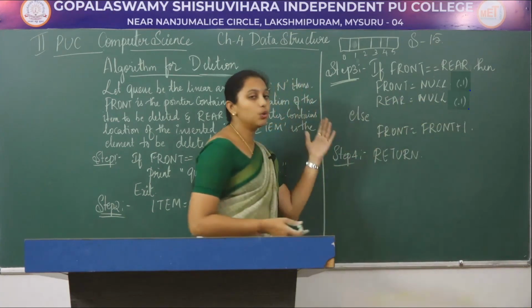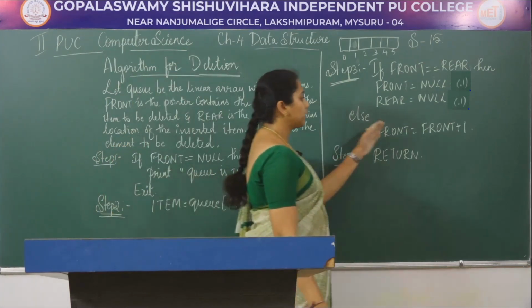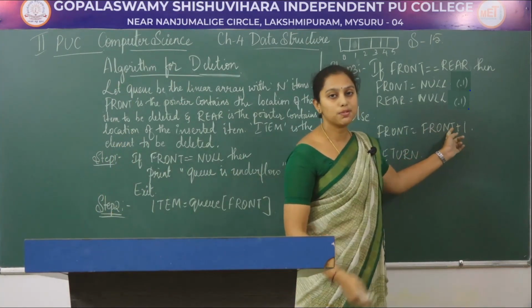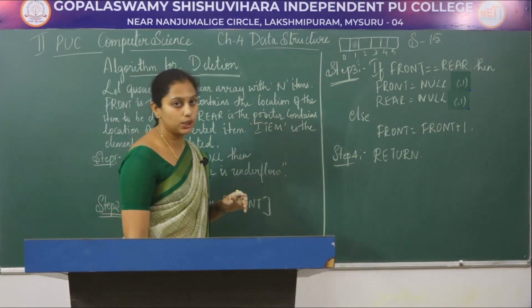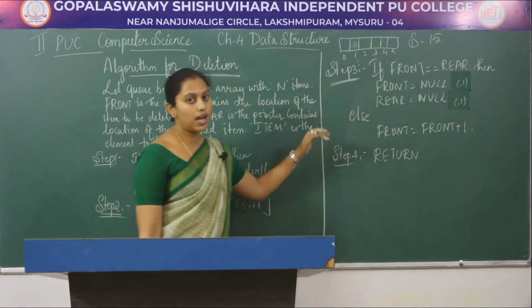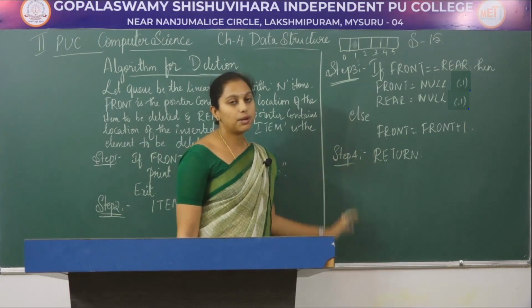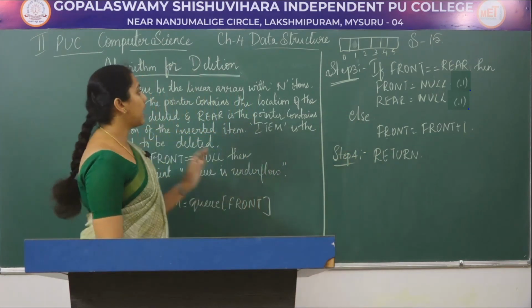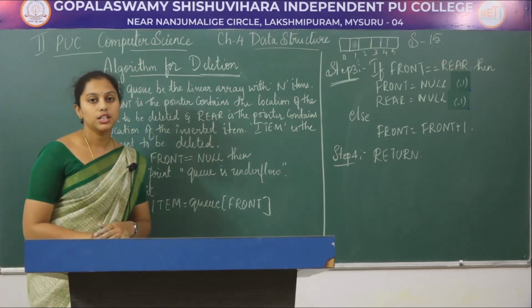So if the queue does not contain only one element, we can increment the pointer front to the next position of the queue to delete the next element of the queue by front is equal to front plus 1. So after deleting an item from the queue, we are returning from the queue. So this is the algorithm for deletion of an item from the queue.